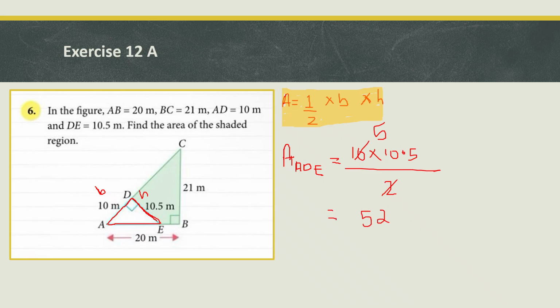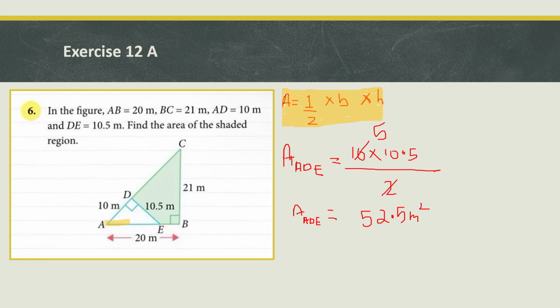This you can do directly, means 5 fives are 25, 5 ones are 5, so 52. Then there is one digit after the decimal point, so 52.5. So area of triangle ADE is equal to 52.5. Right, now let's proceed further.